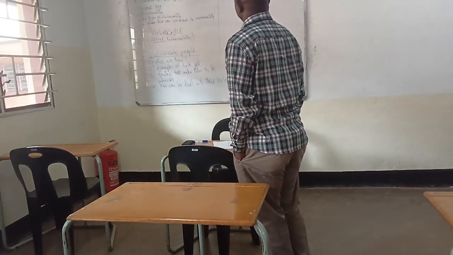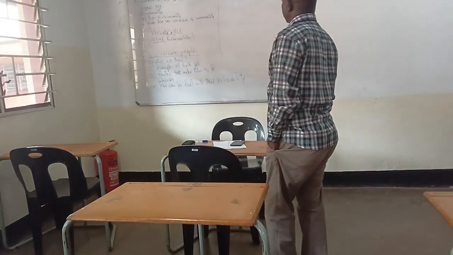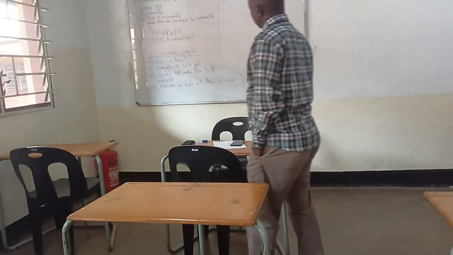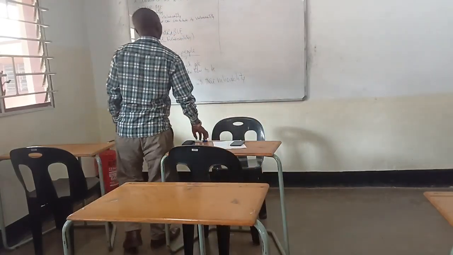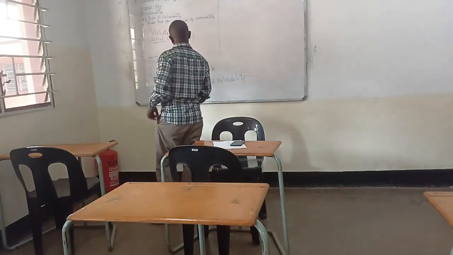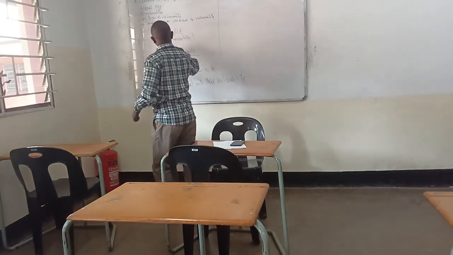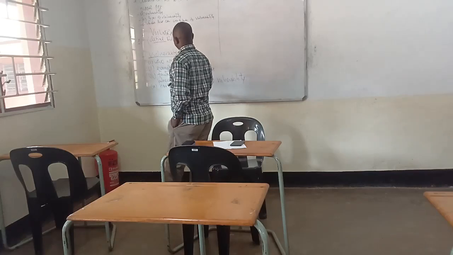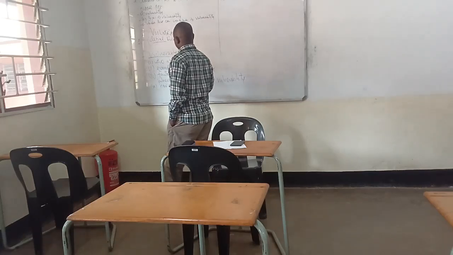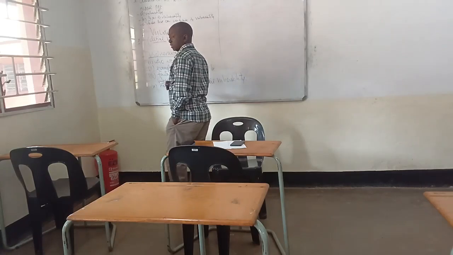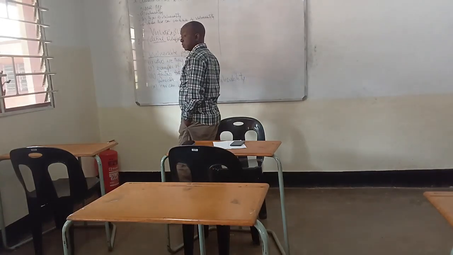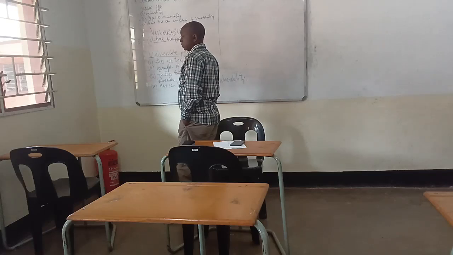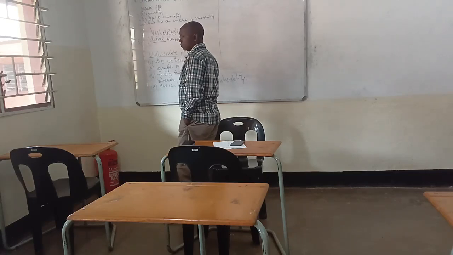So, vulnerability refers to the state of being exposed to the possibility of being harmed, either physically or emotionally. That's the vulnerability. And vulnerable people, examples of vulnerable, who are they? Vulnerable people are individuals or groups that are at a higher risk of experiencing harm due to specific factors in their lives.